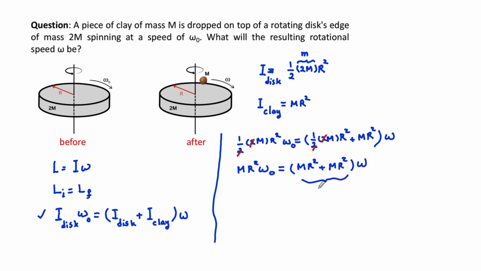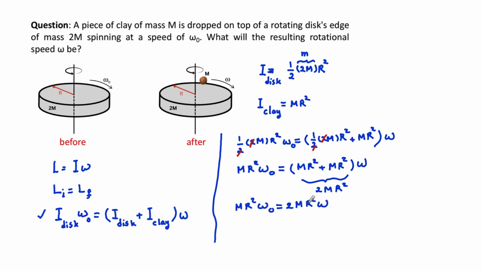But this is 2m r squared. So m r squared omega 0 will be 2m r squared omega.